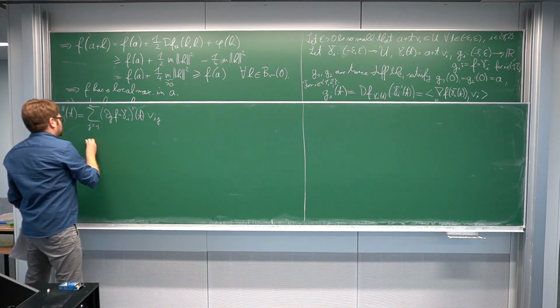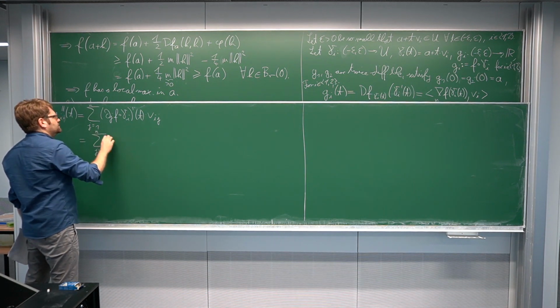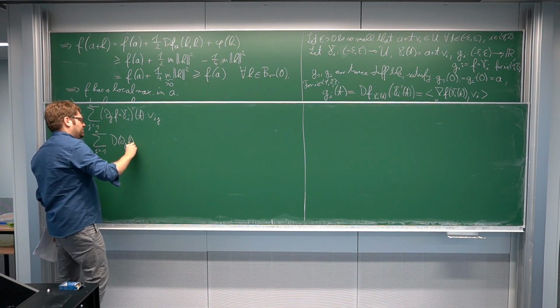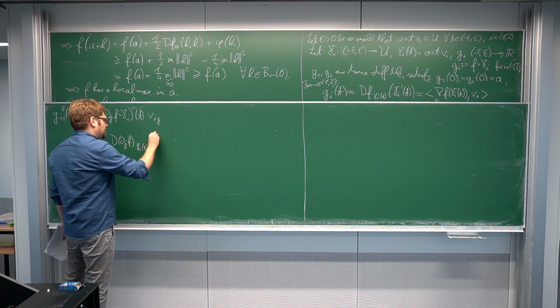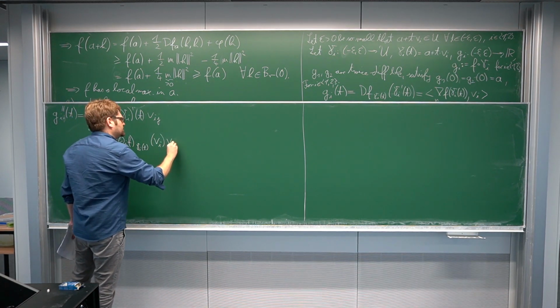And this is by the same formula as before the sum over j equals 1 to n, d_j f in the point gamma i of t applied to gamma i prime of t, which is v_i, times v_ij.